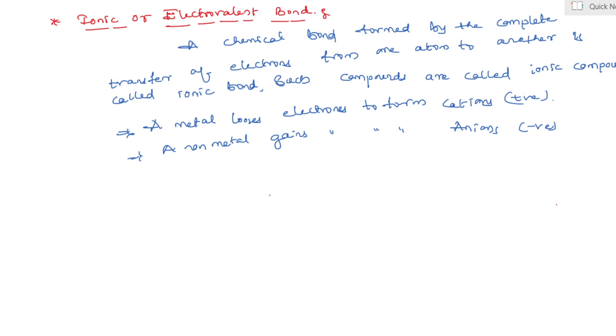How is an ionic bond formed? An ionic bond is formed between a metal and a non-metal.